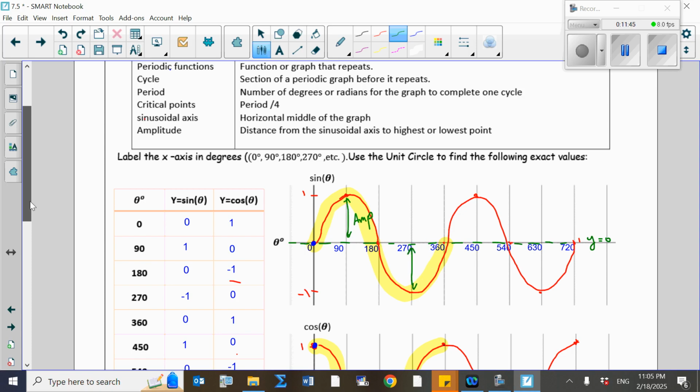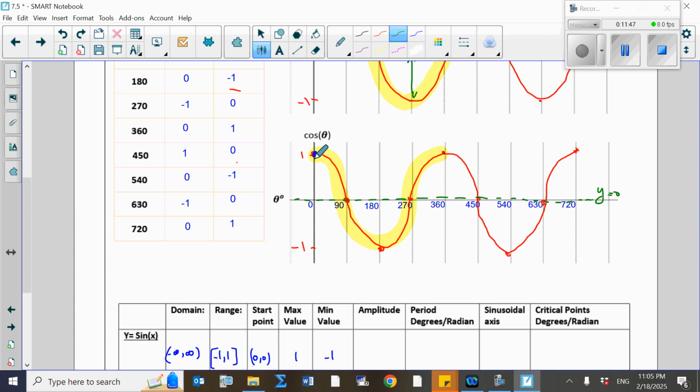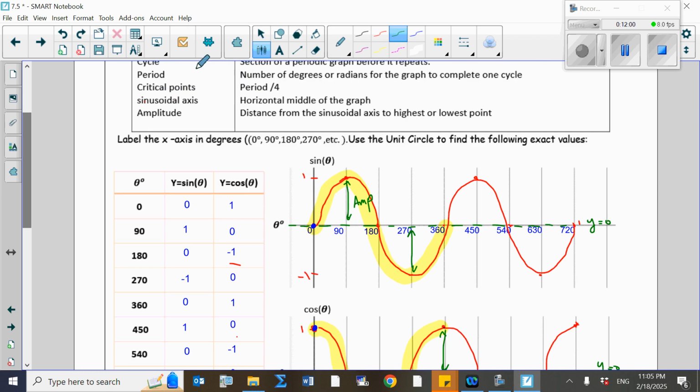And even here, for the cosine, the distance between the highest and the sinusoidal axis, that's the amplitude, or the lowest. Notice that when we're talking about amplitude, it's just distance. So we're talking about distance, not the direction. That means this amplitude is always positive.